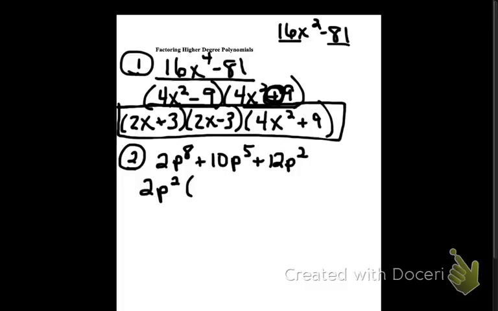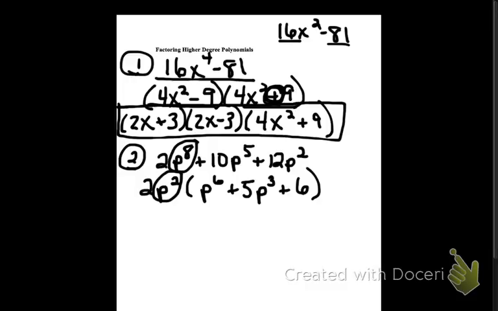That would leave me with p to the 6th, because remember, when you divide p to the 8th by a p squared, remember our rule. When you divide like bases, you subtract the exponents. So when I divide out that p squared, I'm left with p to the 6th plus 5p to the 3rd plus 6.